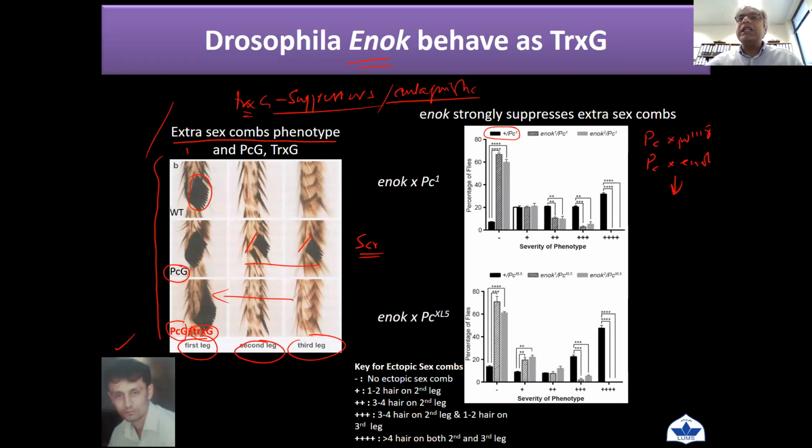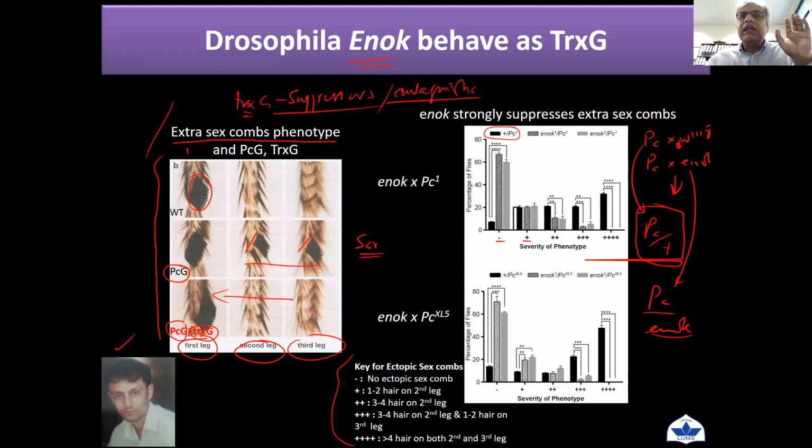In the progeny, from the first cross we have Polycomb heterozygous, which serves as control, and from the Enoch cross we have Polycomb over Enoch, the double mutant. This is the severity of extra sex combs: minus means no extra sex combs, plus means, you know, this is the key, and 4 plus means strongest extra sex combs.